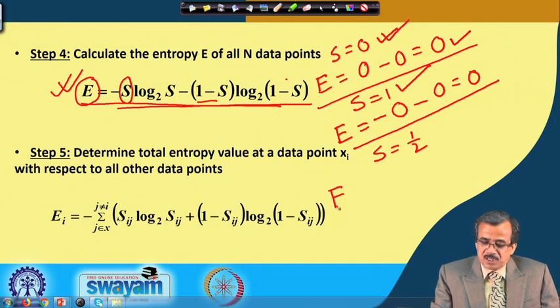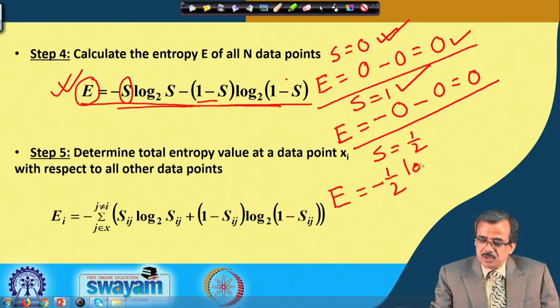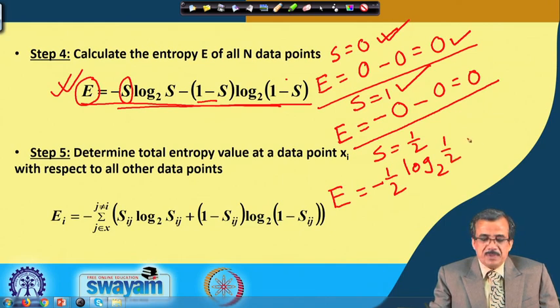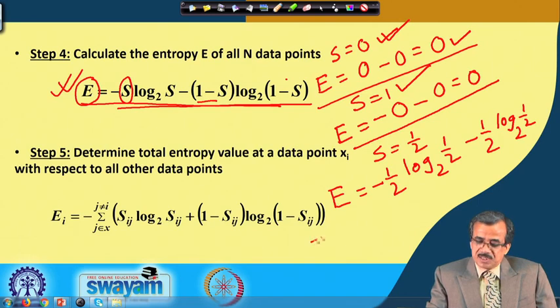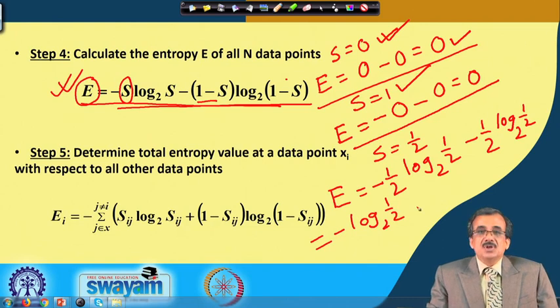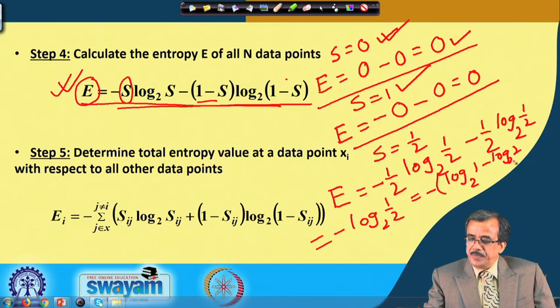So, we calculate the entropy. This is nothing but minus half log base 2 half, minus, so S equals half, 1 minus S will become half, then log base 2 half. So, this can be written as minus log base 2 half, which is minus, log 1 base 2 minus log 2 base 2.